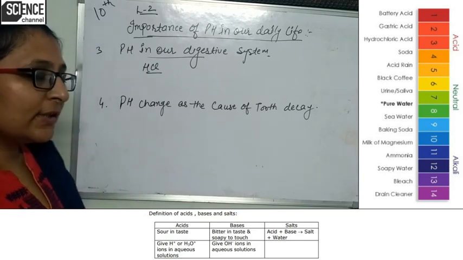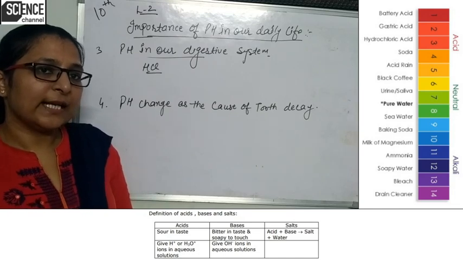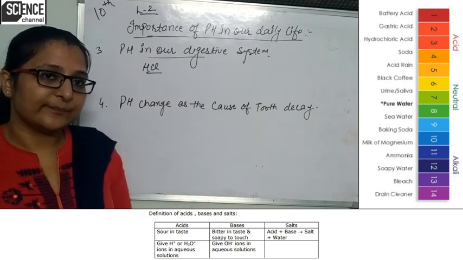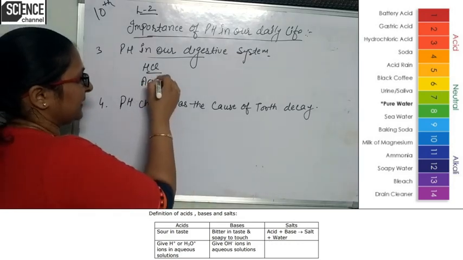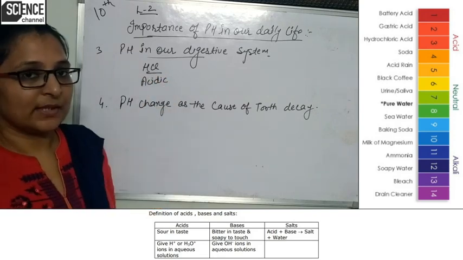But when we are overeating, if we are eating in excess, then mostly acidity is formed in our stomach. Our stomach becomes acidic due to overeating.